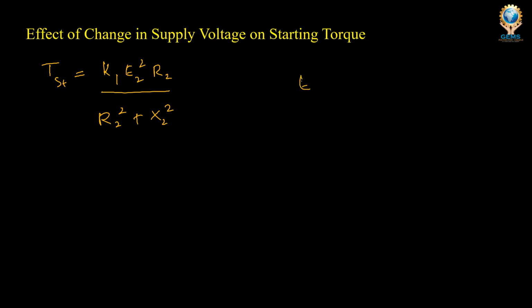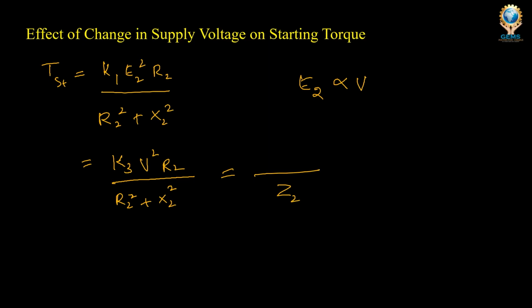We know that E2 is directly proportional to V. So now we can replace E2 with V, but here we have to use another constant, K3. So K3 V square R2 divided by R2 square plus X2 square. This R2 square plus X2 square we can write as Z2 square.